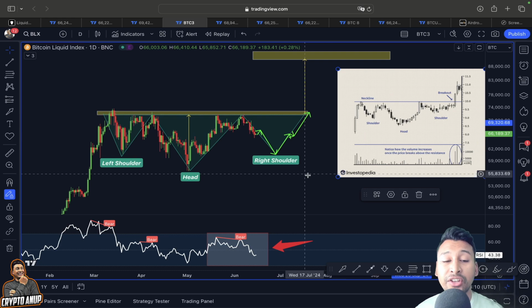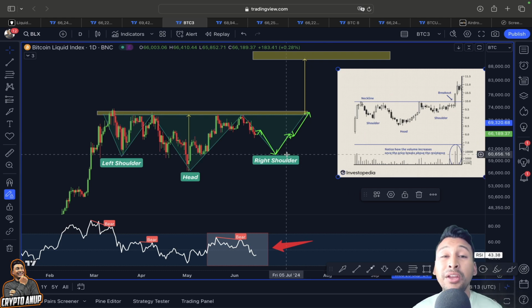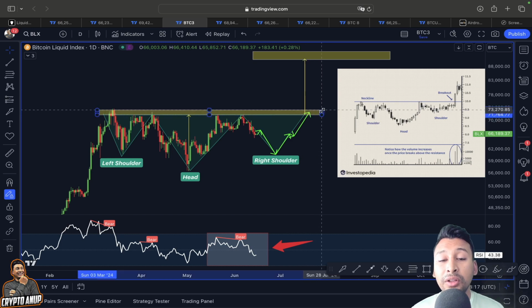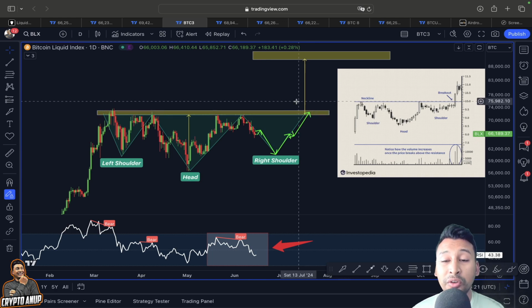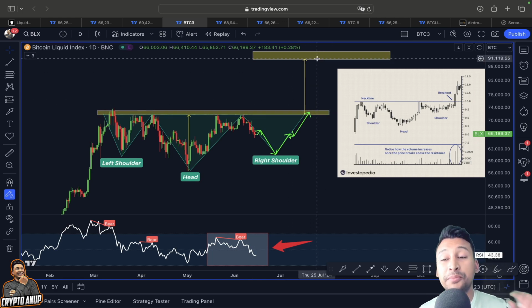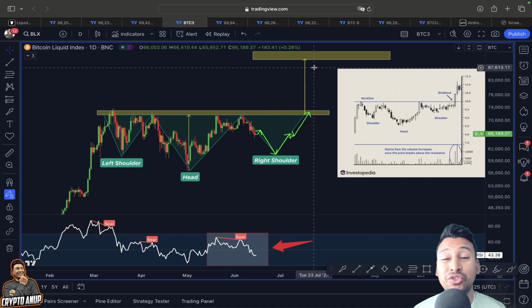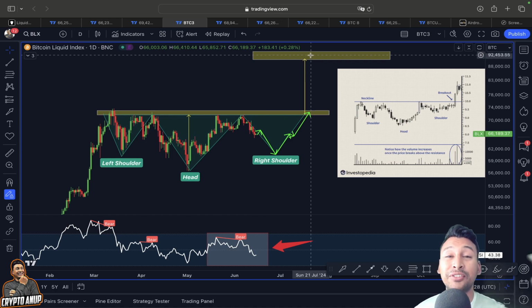So once the right shoulder gets formed properly above 60,000, then we could be slowly ending the bearish move and could be getting attracted towards the neckline, and even up to the price objective from this inverse head and shoulder, which sits around 90,000 to 100,000.